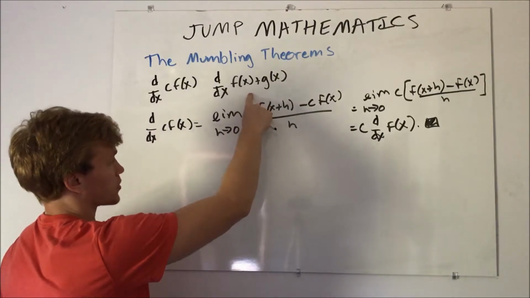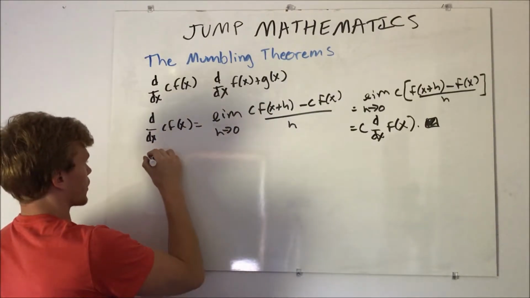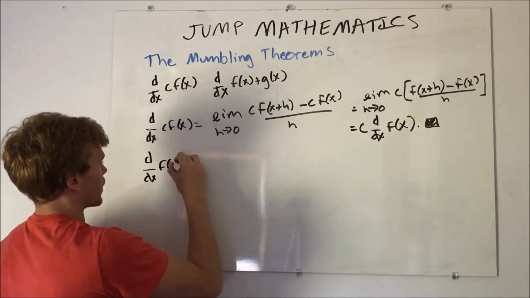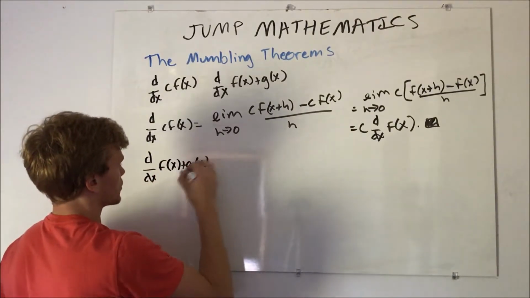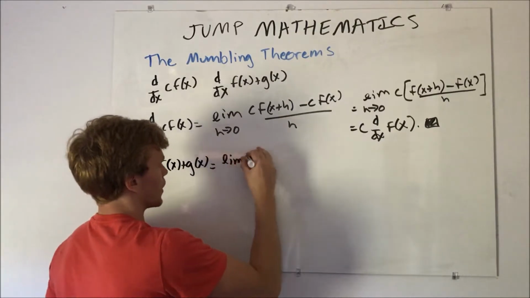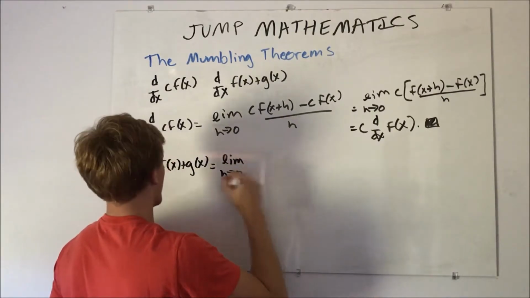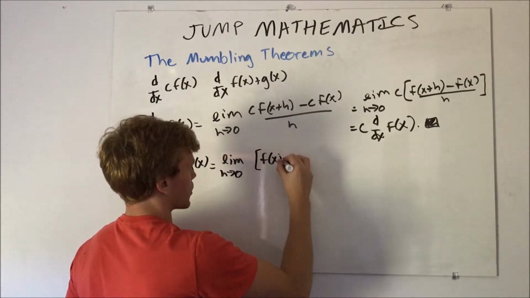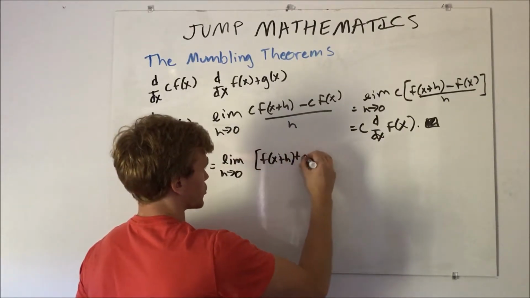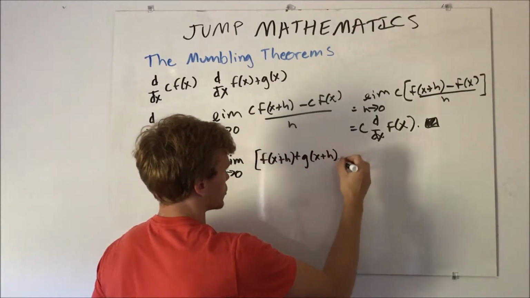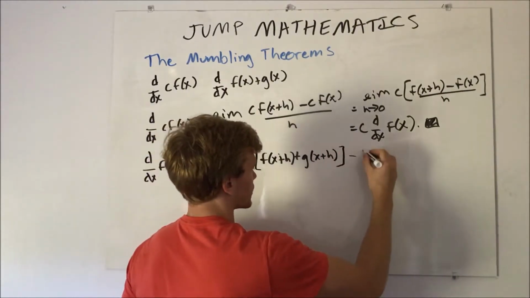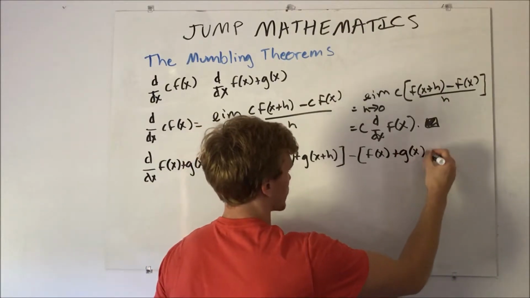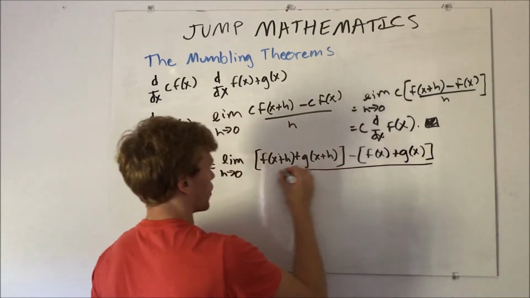The derivative of a sum, so let's go ahead and calculate. d by dx of f of x plus g of x is equal to the limit as h goes to 0 of f of x plus h plus g of x plus h, minus f of x plus g of x, all over h.